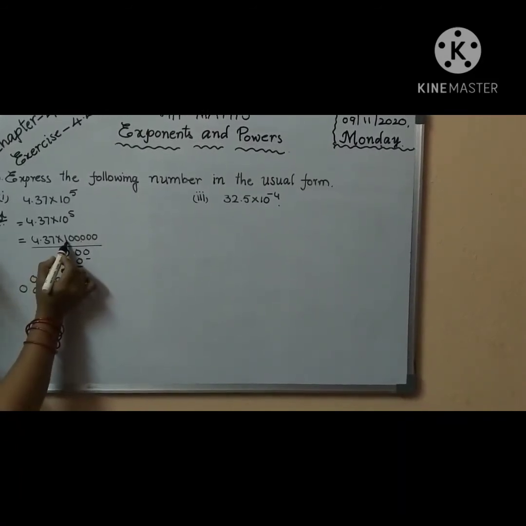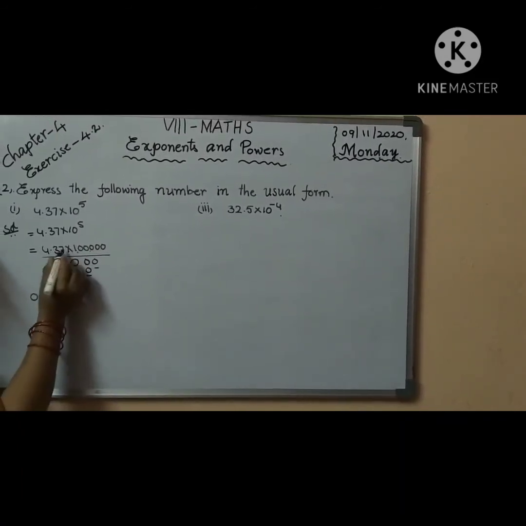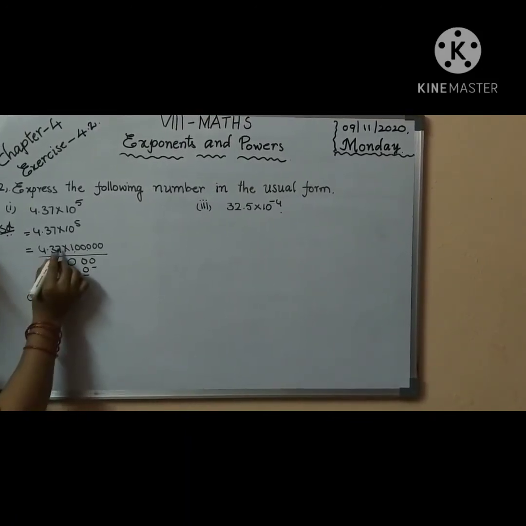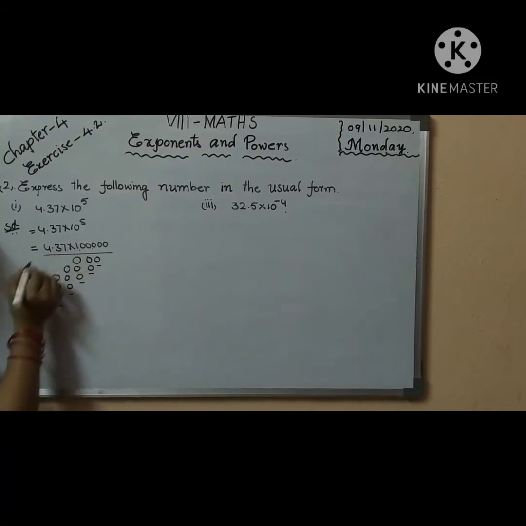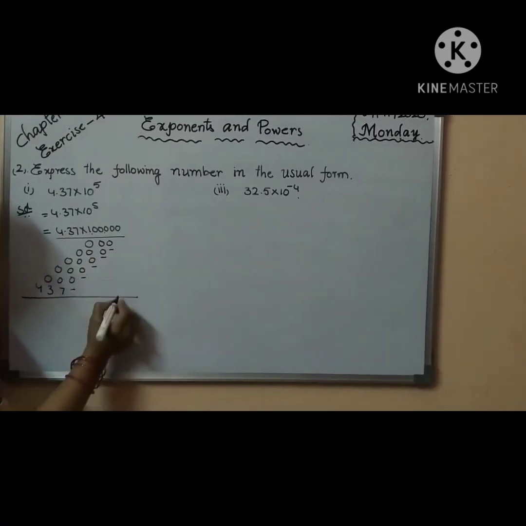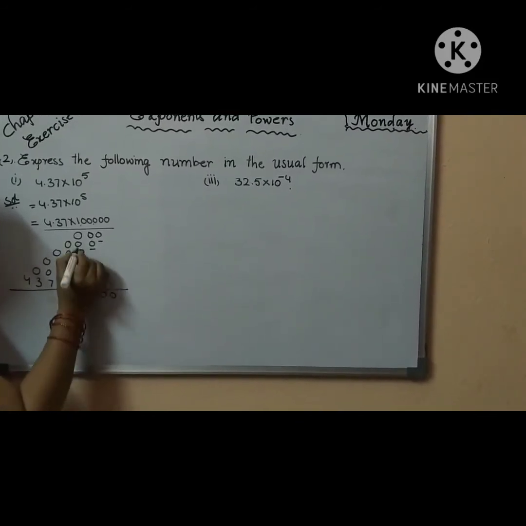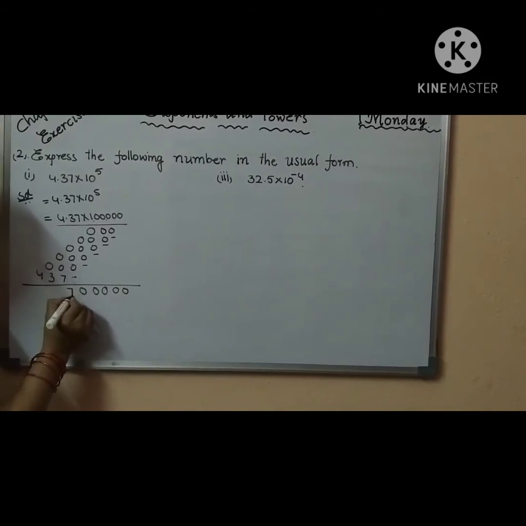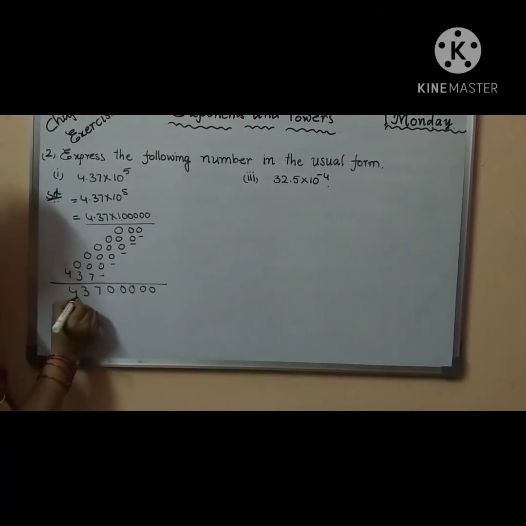Next here 1. 1 sevens 7, 1 threes 3, 1 fours 4. Right, here 0, 0, 0, 0, 0, 7, 3, 4.